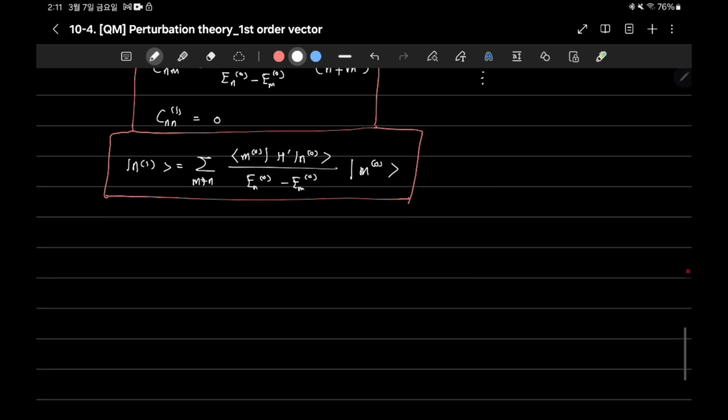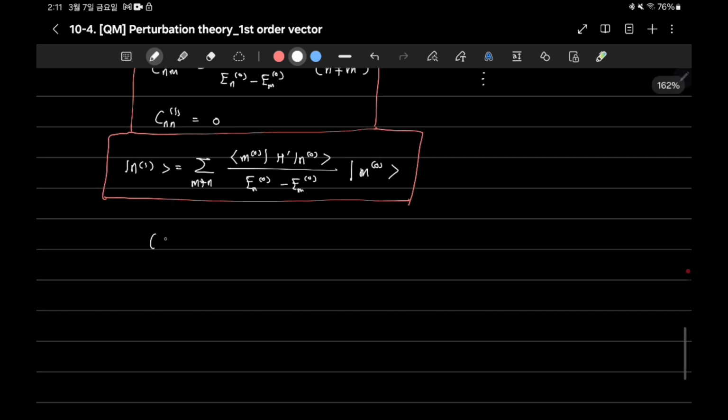so in general case, we know that the first order equation of the Hamiltonian is H0 minus En0 N1 equal to En1 minus H prime N0.